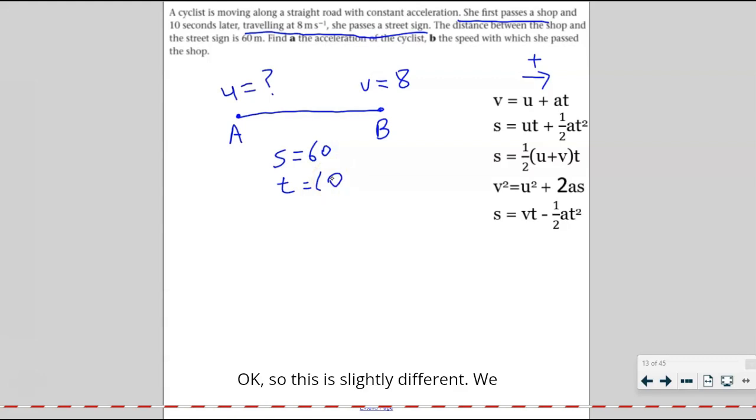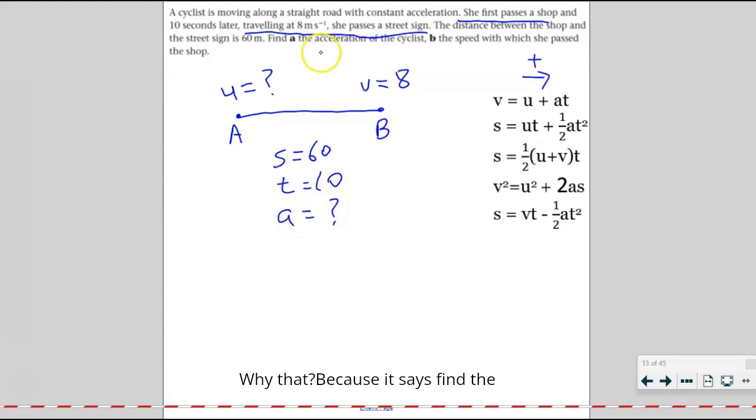Okay, so this is slightly different. We need to find u instead of v. But our values are u, v, s, and t, so u, v, s, and t, we can use. One second. Sorry, first, they want acceleration.